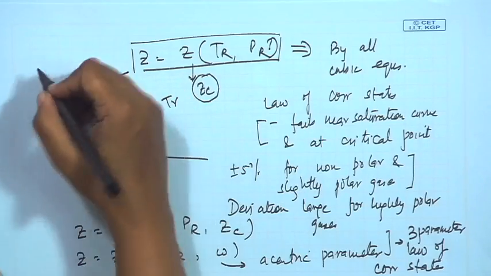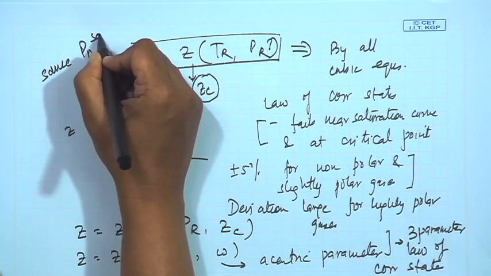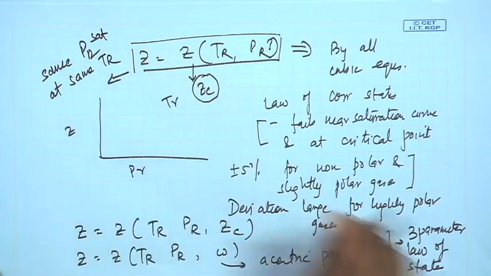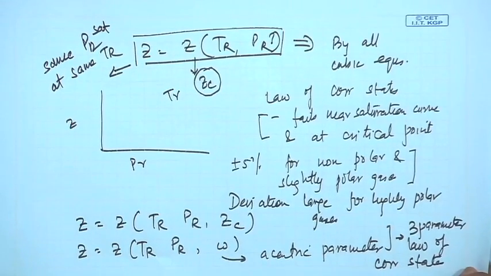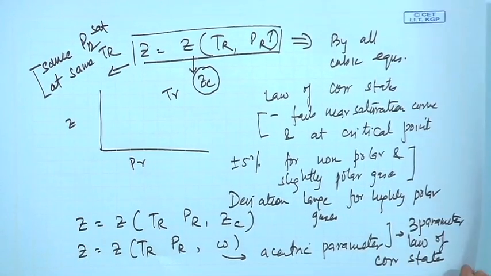So all the gases should have the same PR saturated at the same TR. But people found out that this is not the case. This particular deviation was taken up as the third parameter in the 3 parameter law of corresponding states.